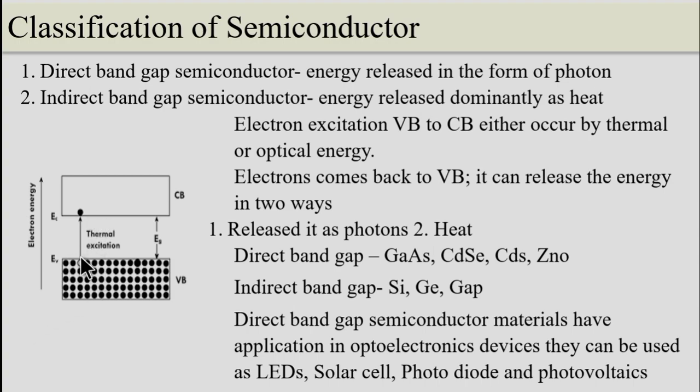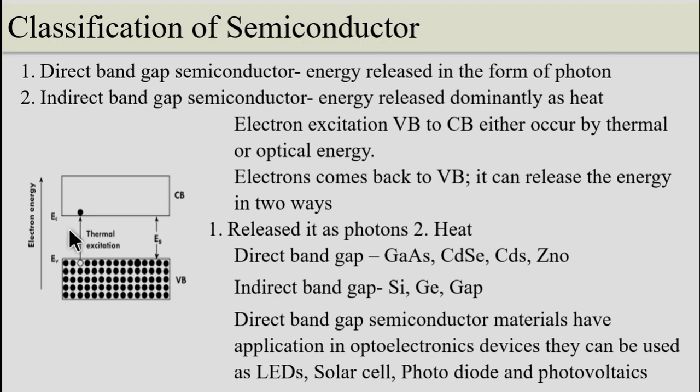After this excitation, the electron does not remain for a long time, and the electrons come back to the valence band, and the energy difference is released in two ways. That is, you can release it in the form of a photon or in the form of heat.